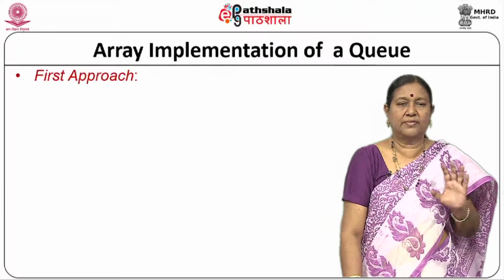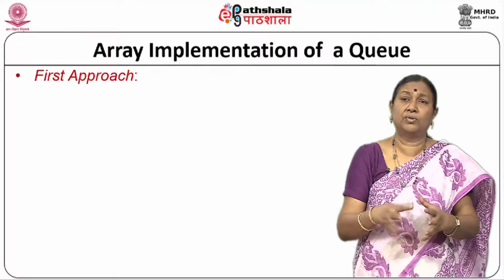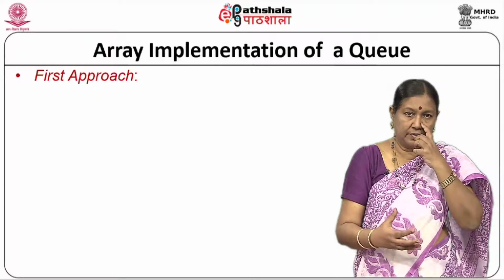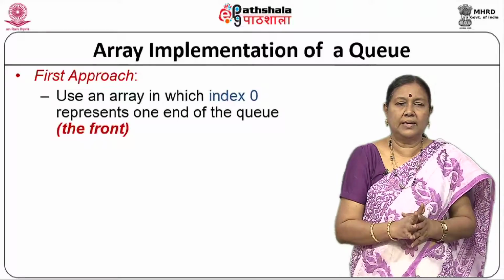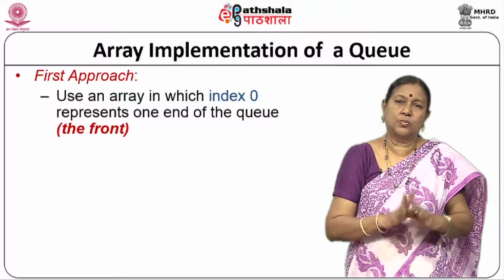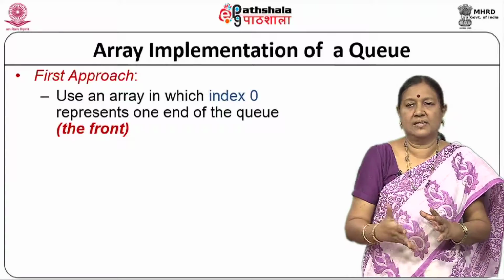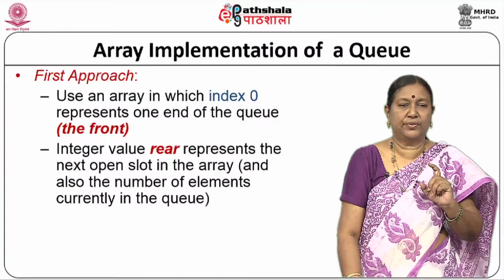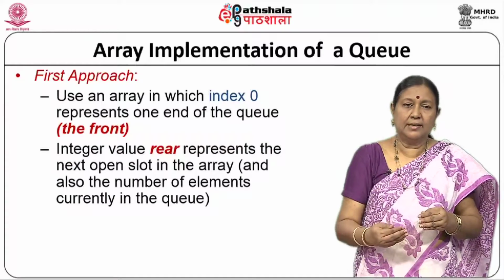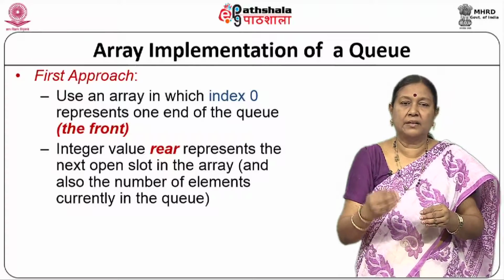So, this is the first approach. There are different approaches in which you can do array implementation of the queue, of what you are going to store, those types of things. So, let us look at that. Use an array in which the index 0 represents one end of the queue, and here we are taking it as the front of the queue. So, the index 0 of the array is indicating the front of the queue. The integer value rear represents the next open slot in the array.